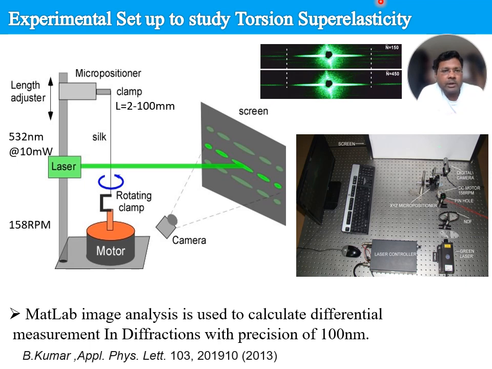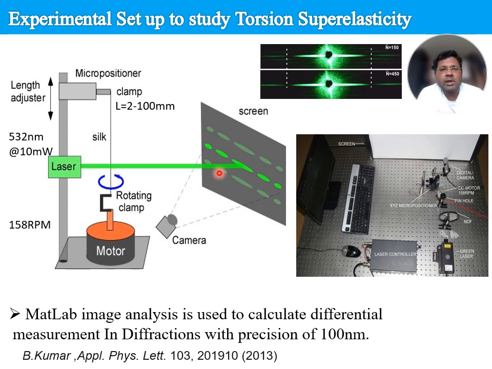A collimated green laser beam illuminates the twisted silk, and the resulting laser diffraction due to the silk was observed on a white screen placed at a certain distance d from the sample. Using video frames of the recorded diffraction pattern, we calculated the critical number of rotations absorbed by the silk before failure. When the silk thread breaks due to twist deformation at a certain point, the diffraction pattern disappears.